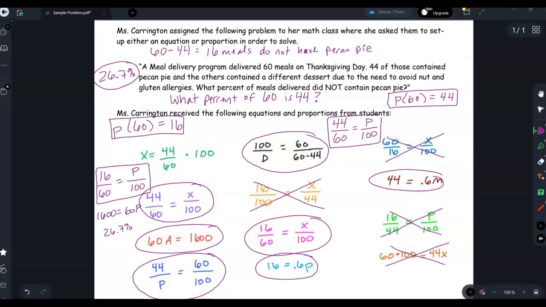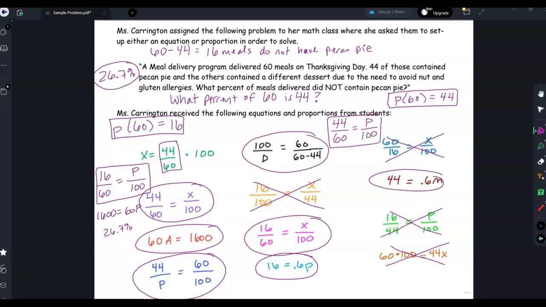If you think about this, what they're really doing is taking this fraction and changing that fraction to a decimal. And that fraction kind of makes sense. That fraction is actually this fraction that we came up with: 44 out of 60 meals contain pecan pie. So it's really just taking the number of pecan pie meals and expressing that as a fraction out of all the meals total.